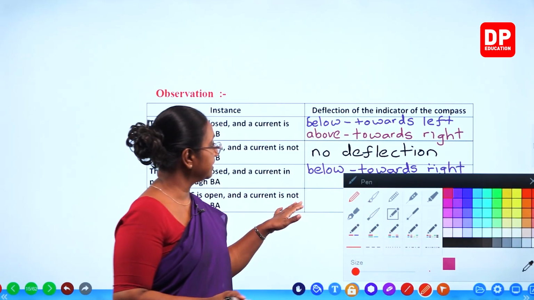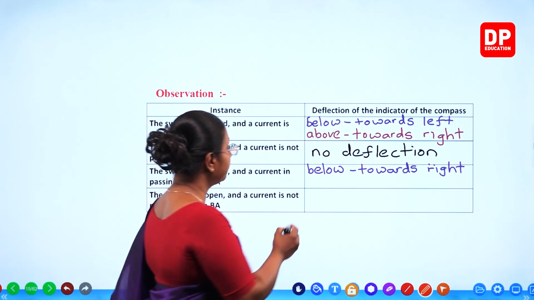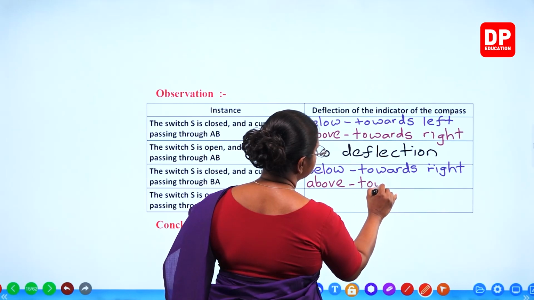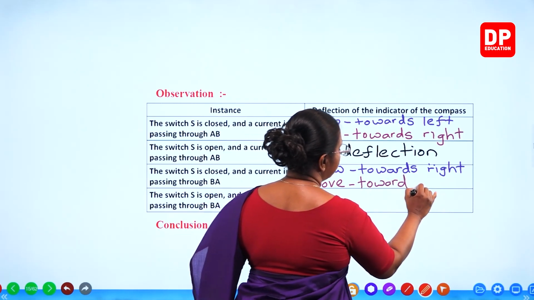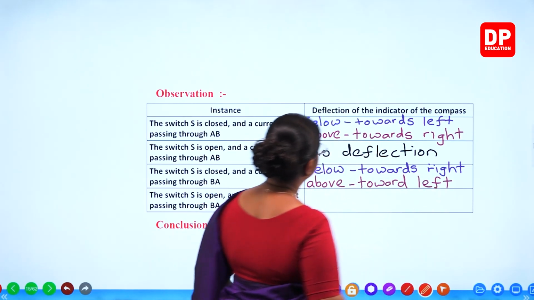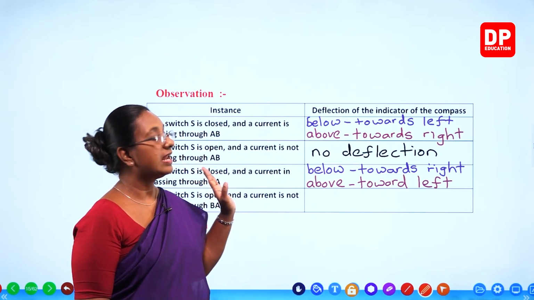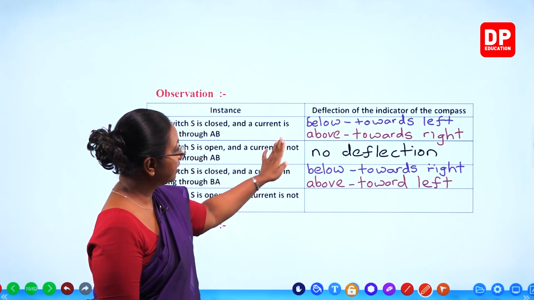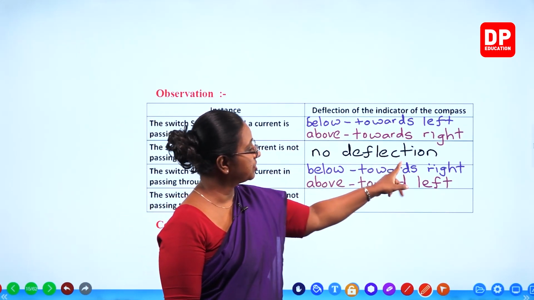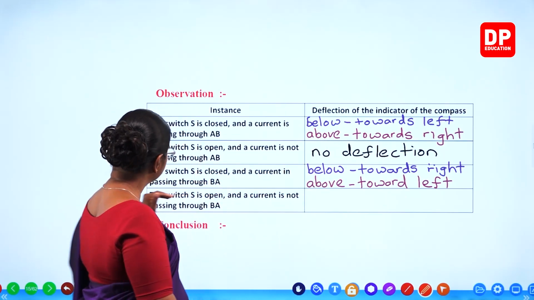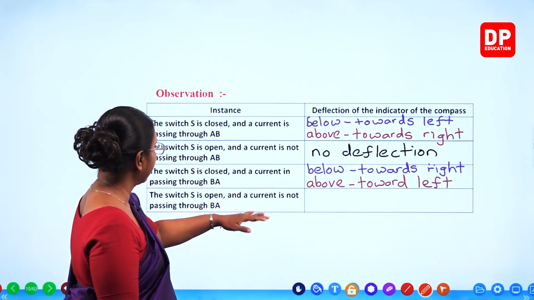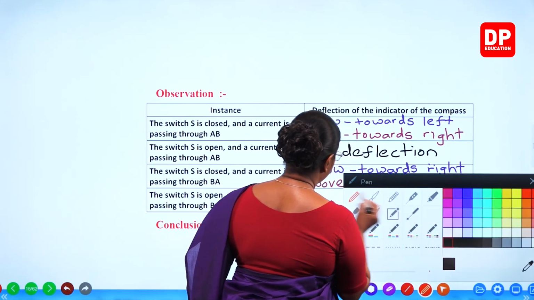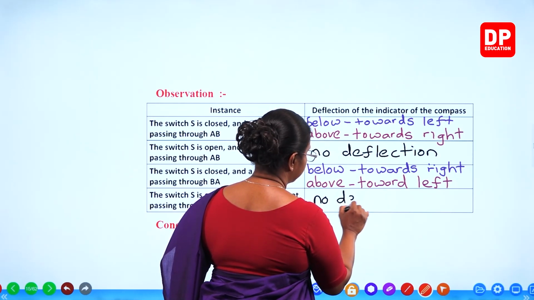And the same instance, when we had the compass above it, towards left. So here, because you all know that there is deflection of the indicator of the compass, I have written the direction only. Here I have mentioned there is no deflection. Then again the switch S is open and a current is not passing through BA. Then also there is no deflection.